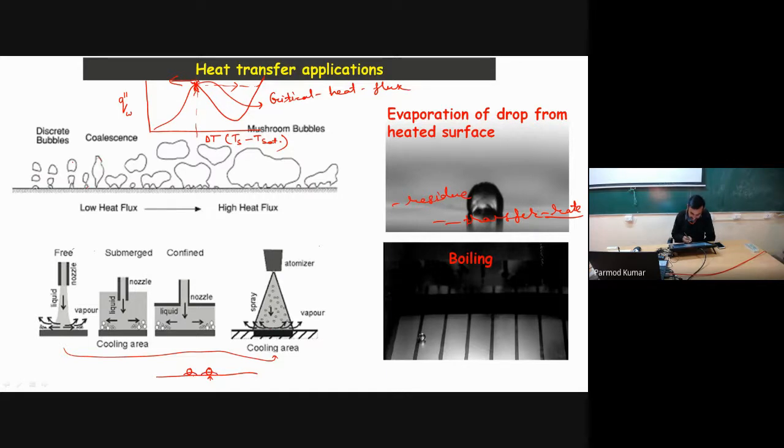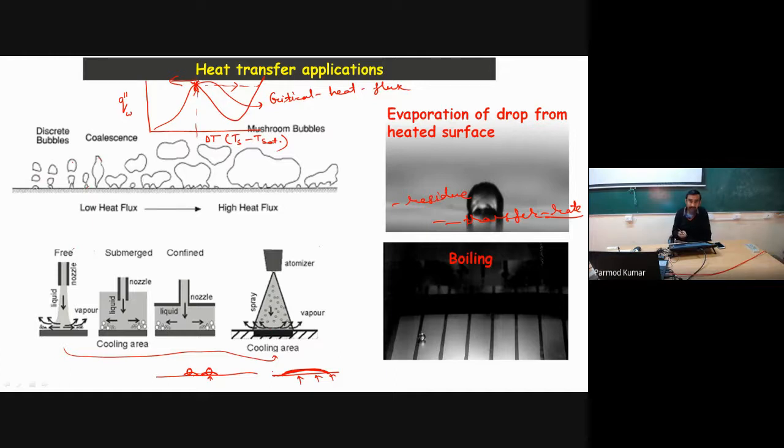If the surface is hydrophilic and drops impact near each other, they coalesce with each other and form a bigger droplet to contact the entire heater surface with liquid. So in spray cooling applications, we want drops to spread over the surface and also coalesce with each other to form a big film of liquid.